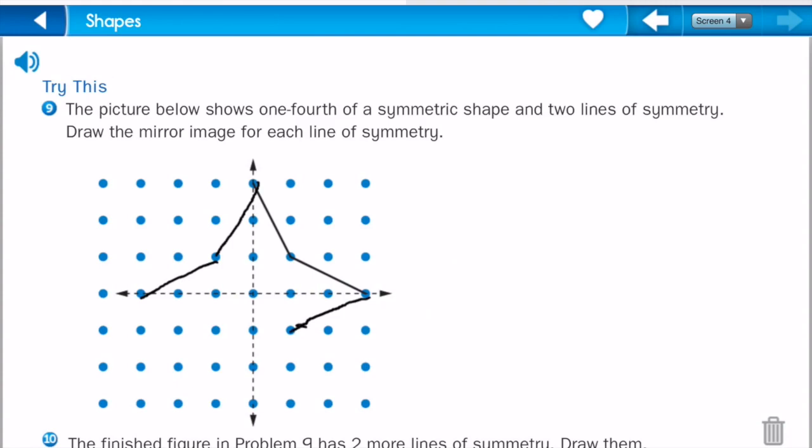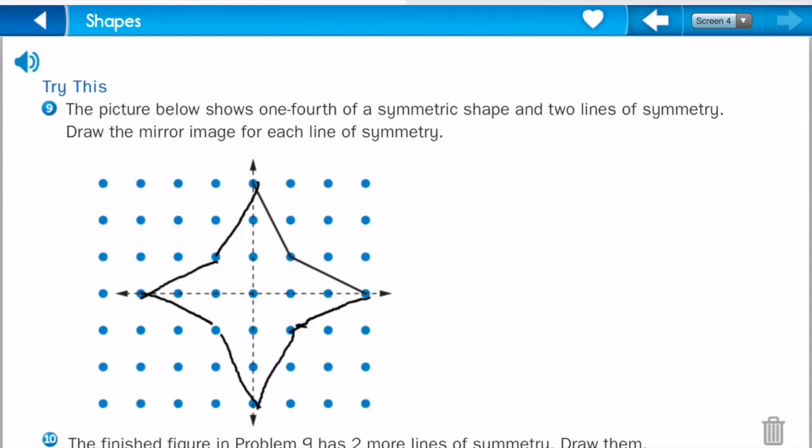And then out to this line. Okay. Then I'm going to go over to this line. Down to this line. Okay. And so now when I fold this over, this has 2 lines of symmetry.